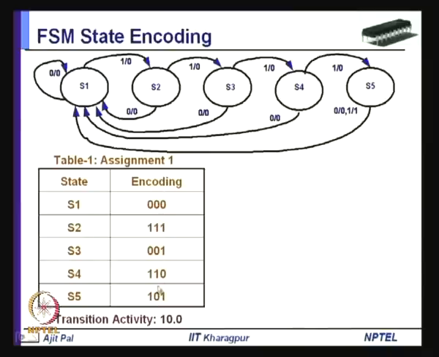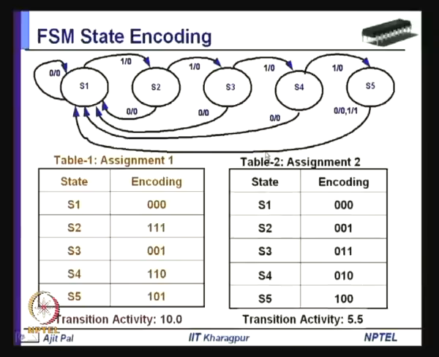This is the state assignment done in assignment 1, and in assignment 2, for the same states, different codes are given. For S1 000, S2 001, S3 011, S4 010, and S5 is 100.